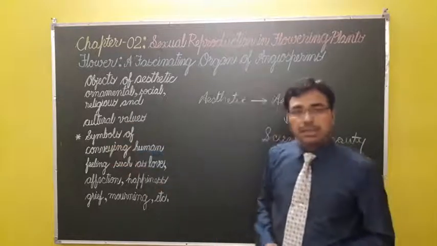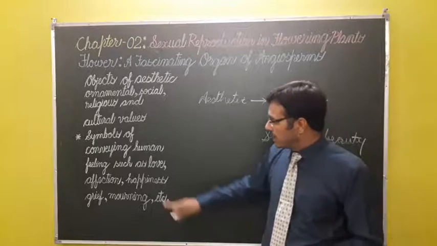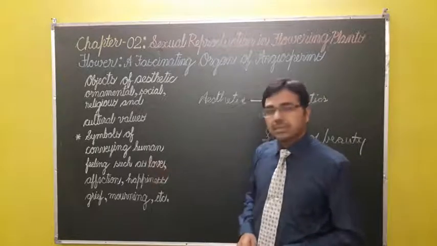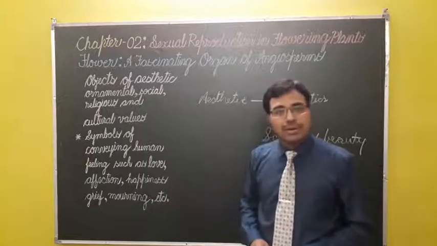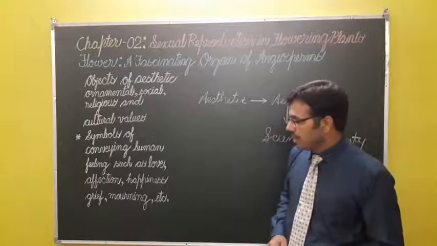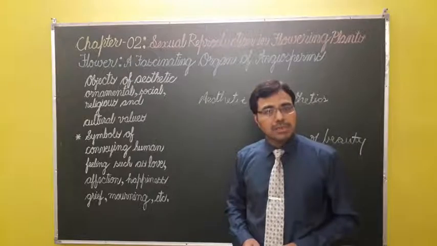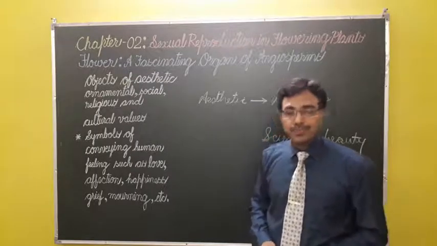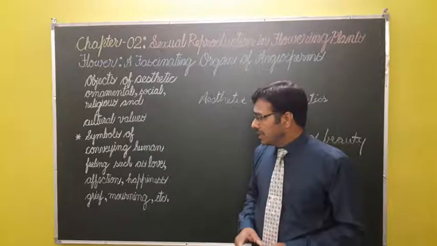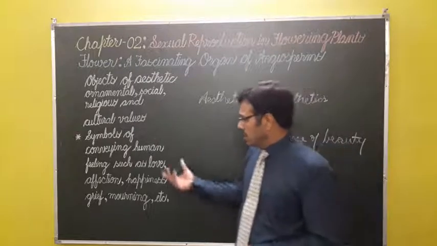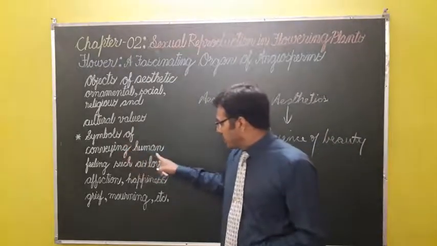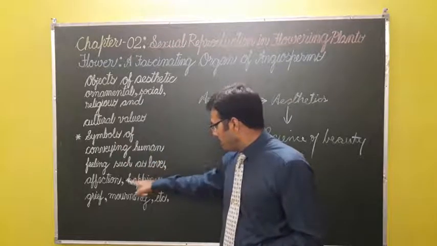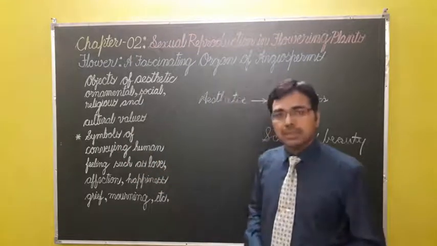Now next, flowers are the symbols of conveying human feelings such as love, affection, happiness, grief, mourning, etc. Now let us take in detail symbols of conveying human feelings such as love, affection, happiness.